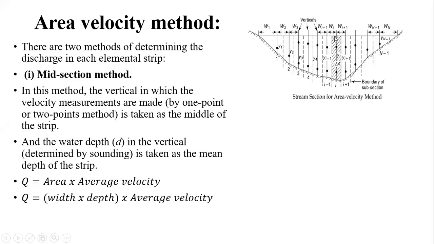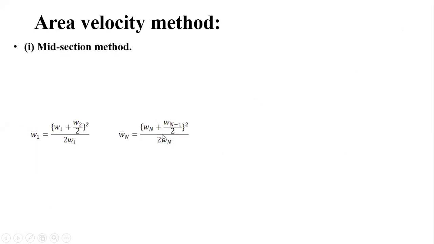So wi by 2 plus wi+1 by 2 will be the width of each and every segment other than first and last segment. Okay, is it clear now?